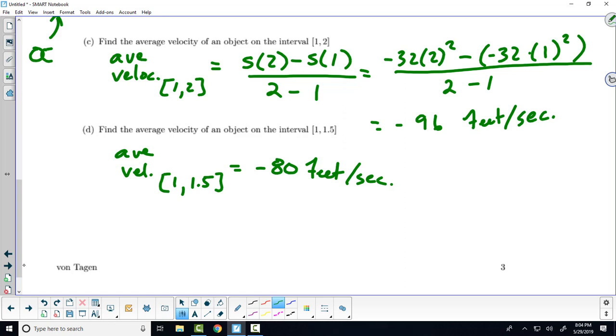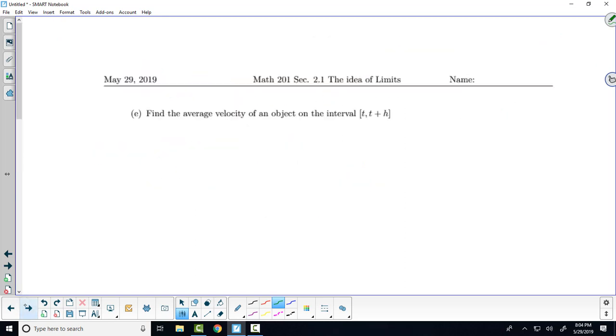Okay? So now, and this is where today gets a little bit harder. Now we're going to find the average velocity between time equals t and time equals t plus h. Well, we'll just follow what we did before.